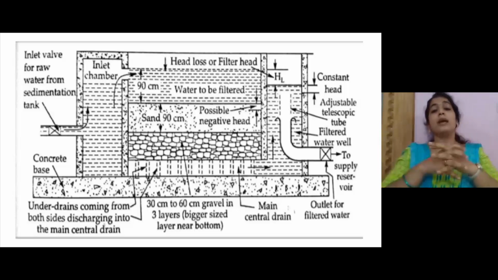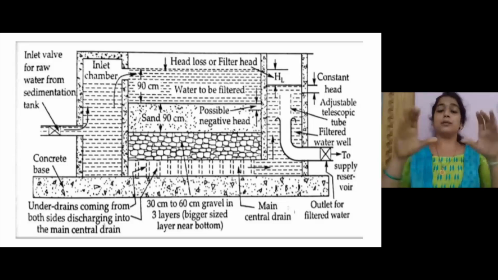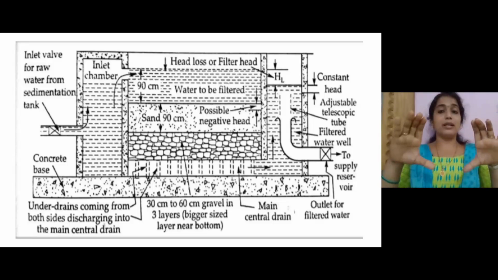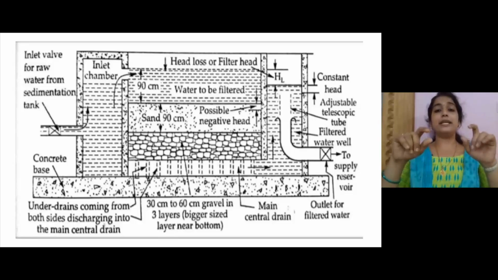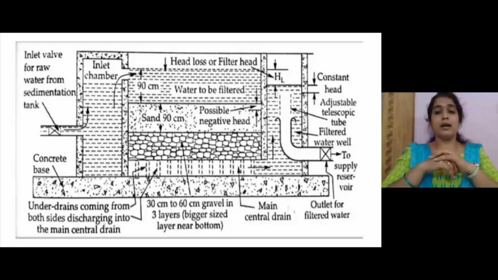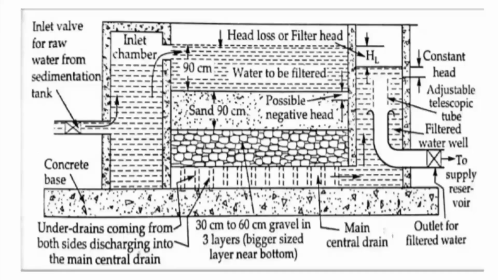Usually, if the filter media is working in good condition, then this head loss should be between 10 to 15 centimeter. By clogging of the sand layer, that is the filter media, this head loss will increase. If the head loss increases up to 0.7 to 1.2 meter, then we have to replace the sand layer or clean the filter media.